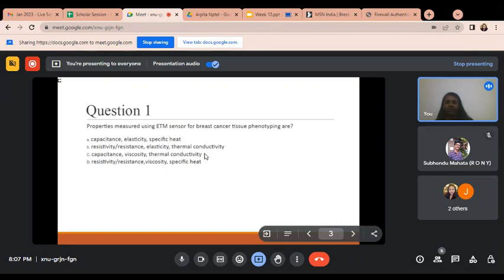The third option is capacitance, viscosity, thermal conductivity. And the fourth option is resistivity or resistance, viscosity or specific heat. So what is the right answer? Please go through the question carefully, take your time, then try to give the answer.